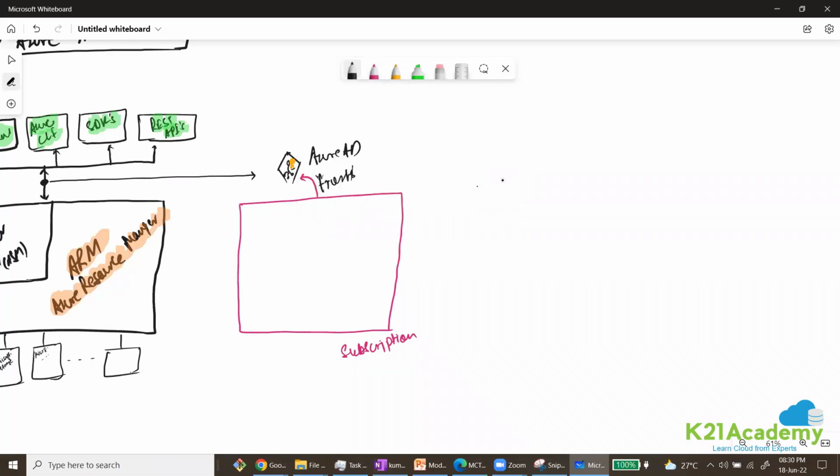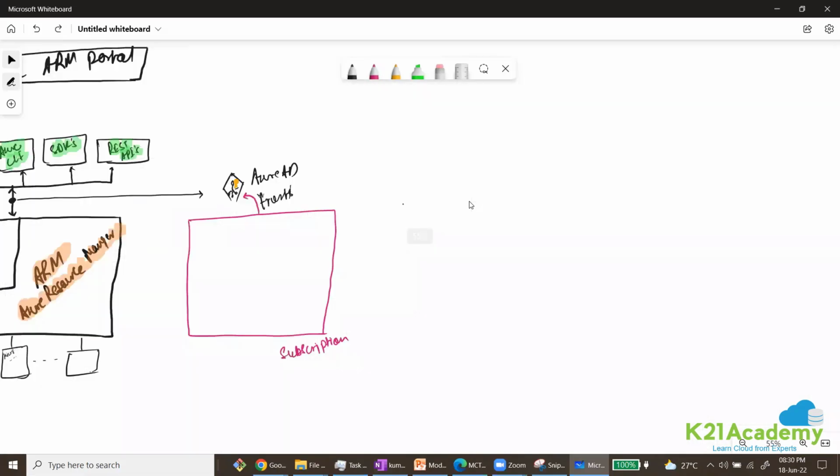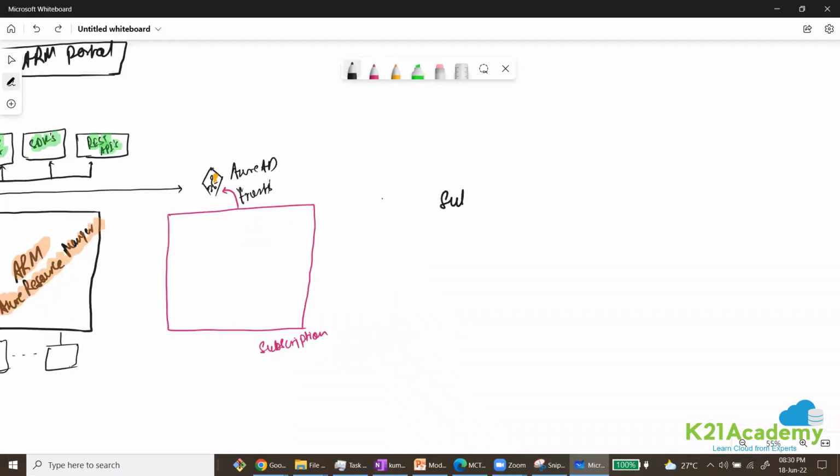So you have a subscription. Let's understand this. This is your subscription. Before creating any resource inside the subscription, the first resource, listen properly to what I'm saying, that you will be creating inside your subscription is called a resource group.